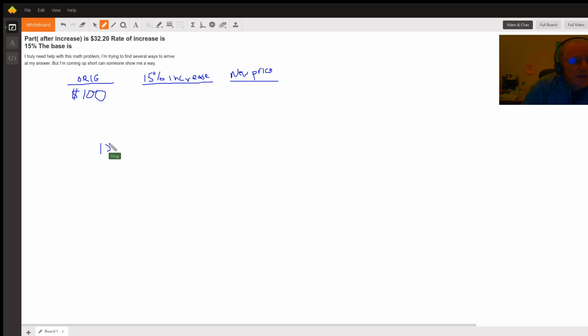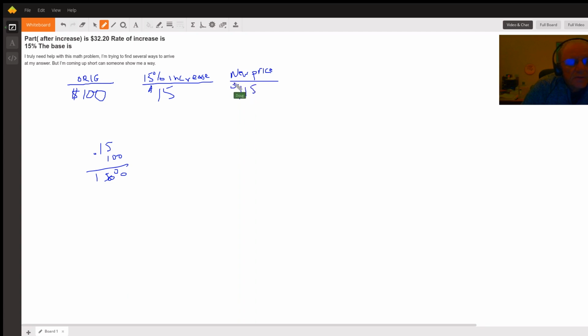So 15% times 100 would be $15. And so what's the new price? Well, we have to add on this amount of increase to the original cost to get the new price, $115.